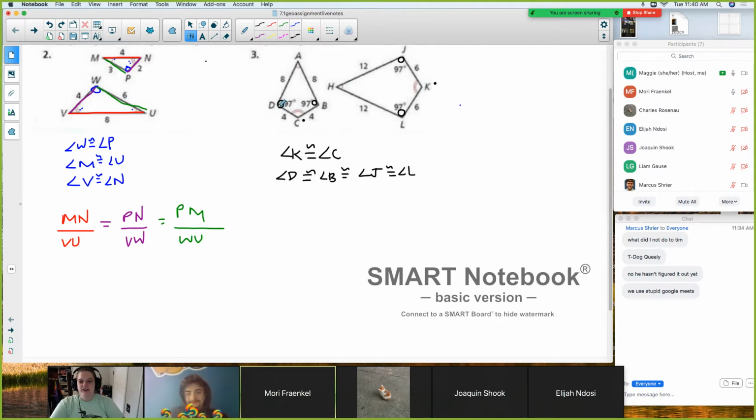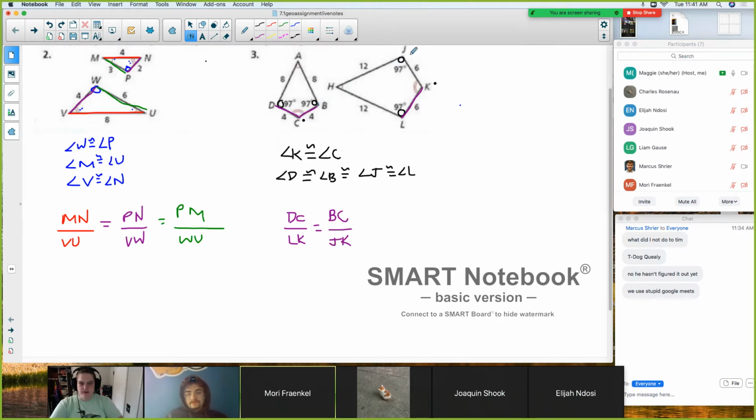All right, then we also have DC, which goes from an empty side to an angle mark, and also LK, which goes from an empty side to an angle mark. It doesn't actually matter which one is with which, because it's going to be the same 6 and 4. So I'll just do DC with LK, and then that is going to equal the same of BC and JK.